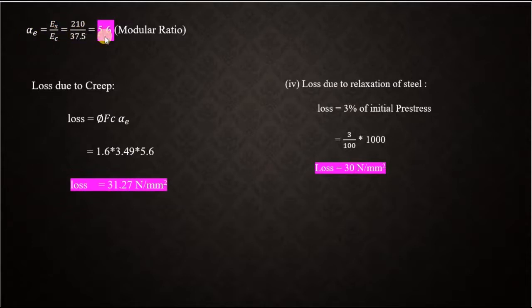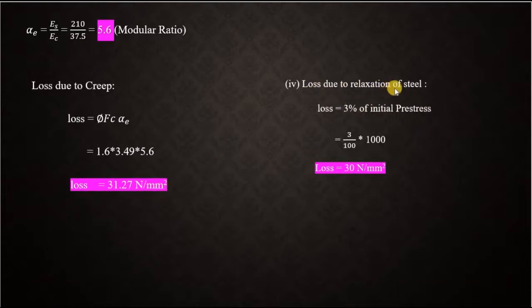We know both values, so we get the modular ratio as 5.6. Now we know phi Fc as well as alpha E. Substitute all the values. Remember, Fc is the average Fc. After substituting, we get the loss due to creep as 31.27 Newton per mm square.